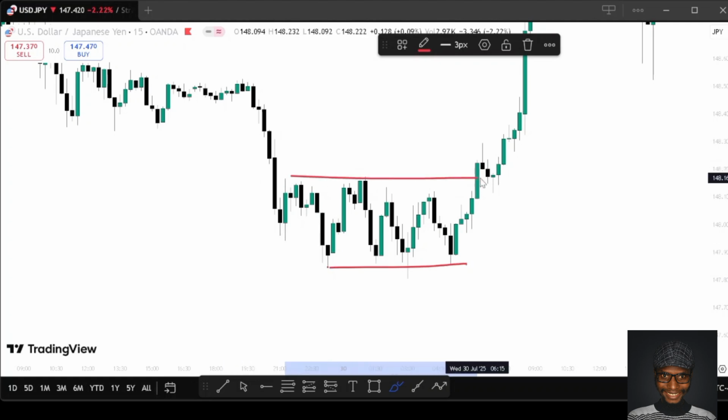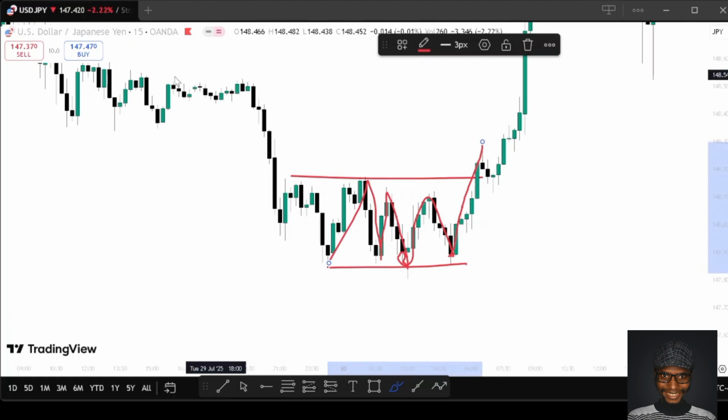You see, price gave us this low, gave us this high, this low, gave us this high, this low, still rejected inside and gave us this high, this low, still rejected and gave us this high. This high is what broke the consolidation, now telling us that price has changed direction from bearish to bullish.